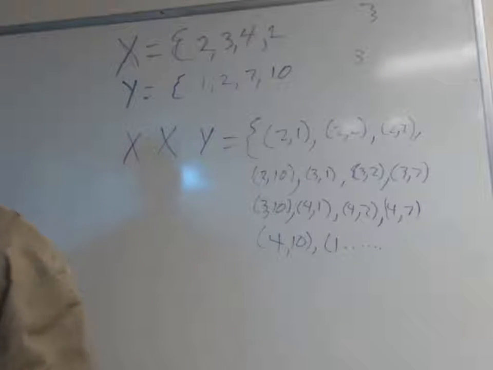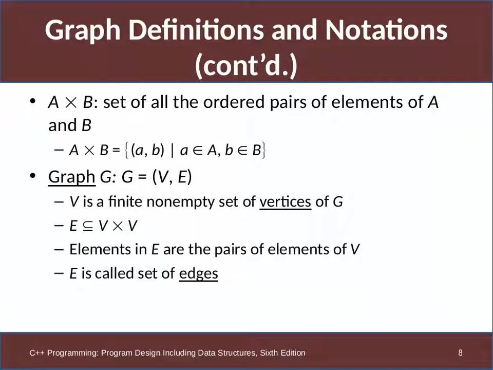All right. Okay. So it's kind of a confusing way of writing it. But first off, a graph is going to be a set of vertices and a set of edges. I'm going to use the word vertices and nodes interchangeably. Vertices and nodes are the same thing.